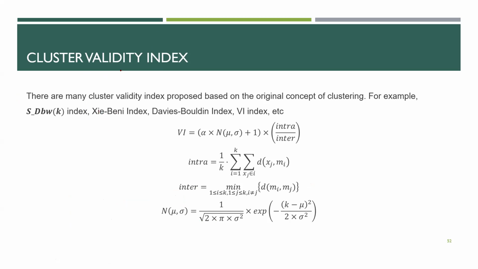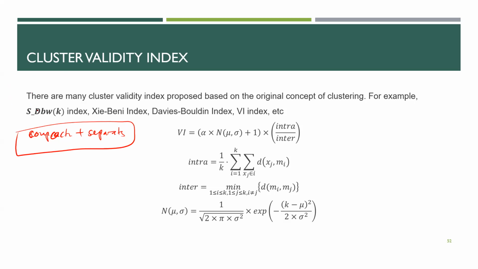So in one formula, it already considers compactness plus separateness. There are many cluster validity indices like this.